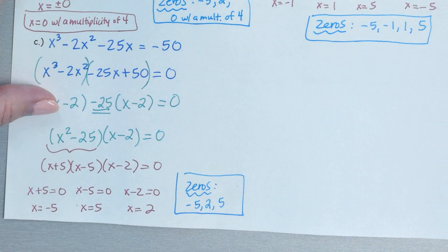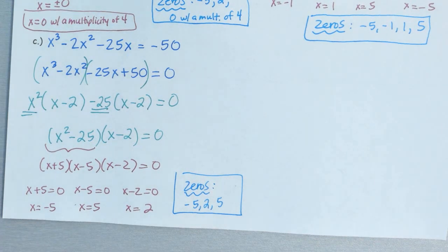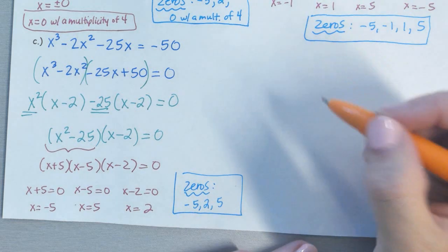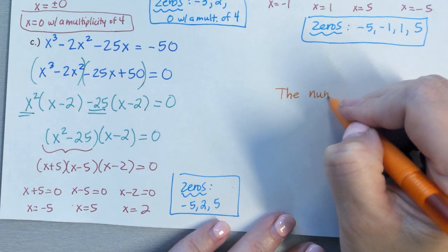Okay, so there is a special rule for the number of zeros for a polynomial. Okay, we're going to write it right here.